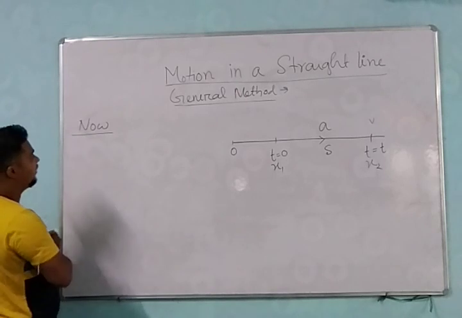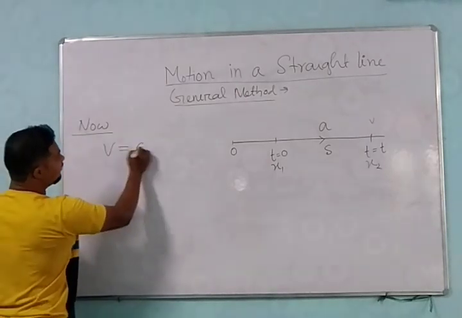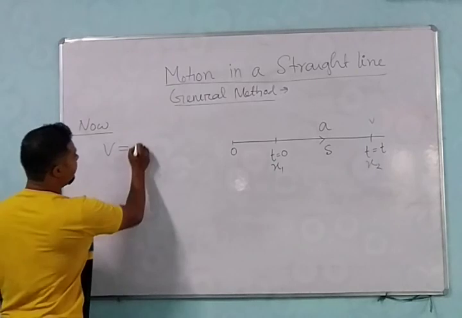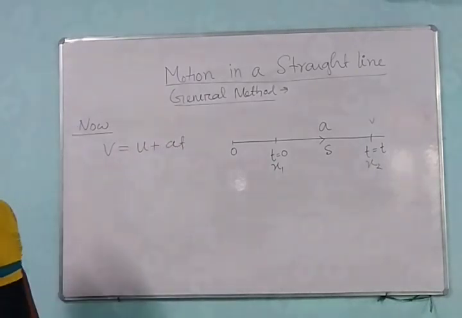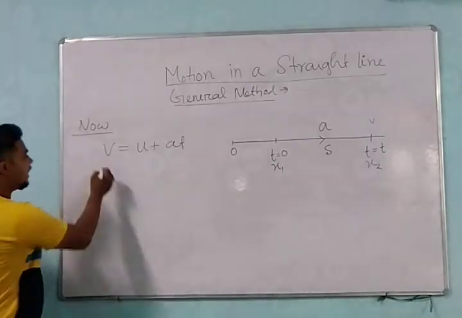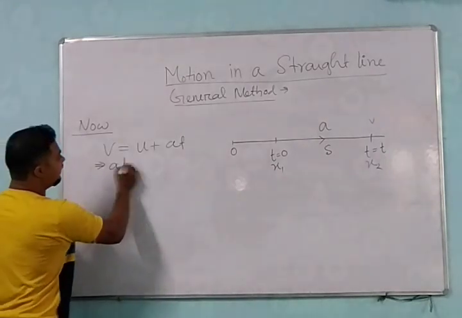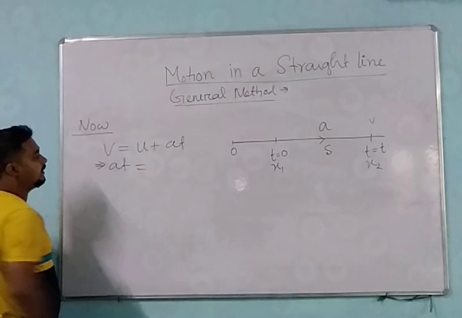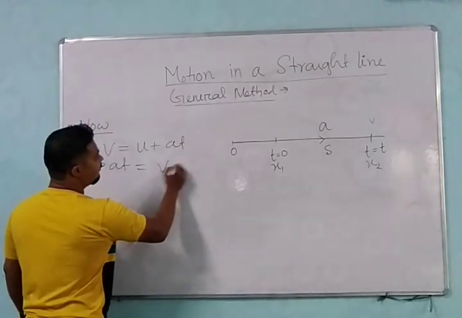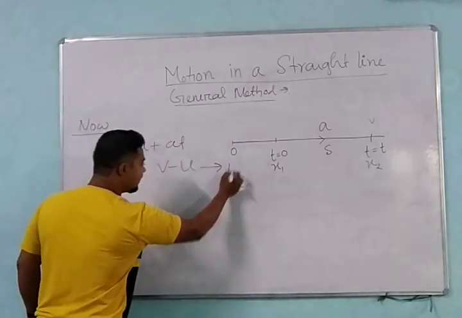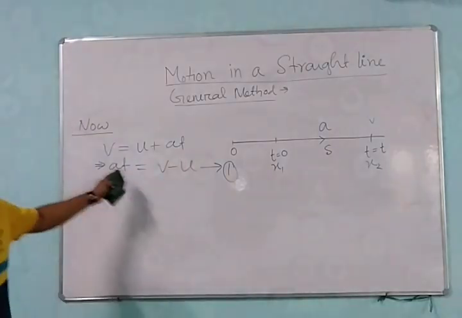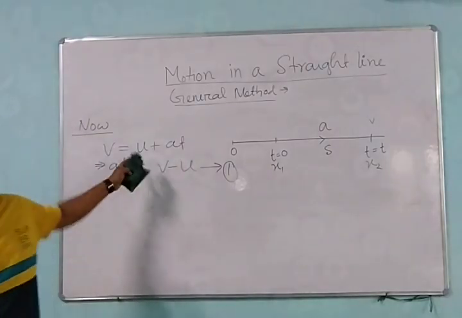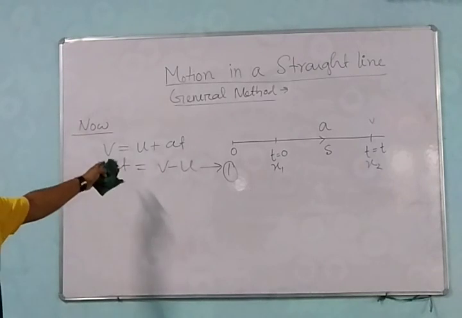We can write here v is equal to u plus at. Then a will be equal to v minus u by t. That is equation number 1. For this case, let us consider this is equation number 1, okay.